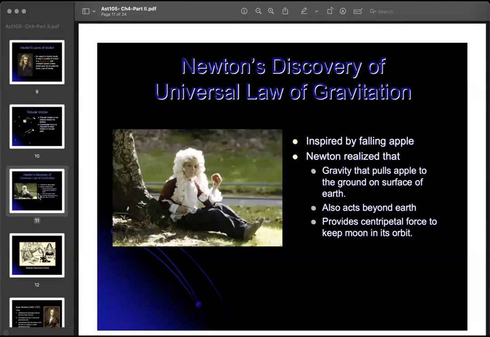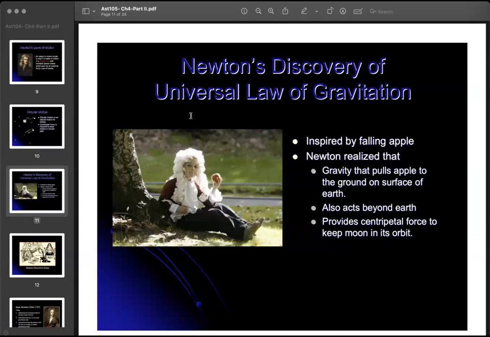He saw that the gravity of the Earth pulls the apple to the ground, so there is a force acting towards the center of the Earth. It acts on the apple and on other things. Then he saw the moon above his head going in a circular motion, so some kind of force must be acting on the moon, keeping it in a circular path.